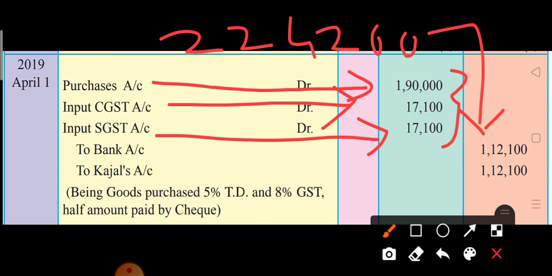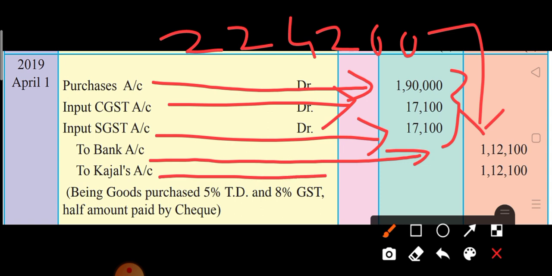So half of 2,24,200 is 1,12,100. That much amount I am making payment by check, and the rest of the amount, that Kajal account, is my creditor, credit purchase.